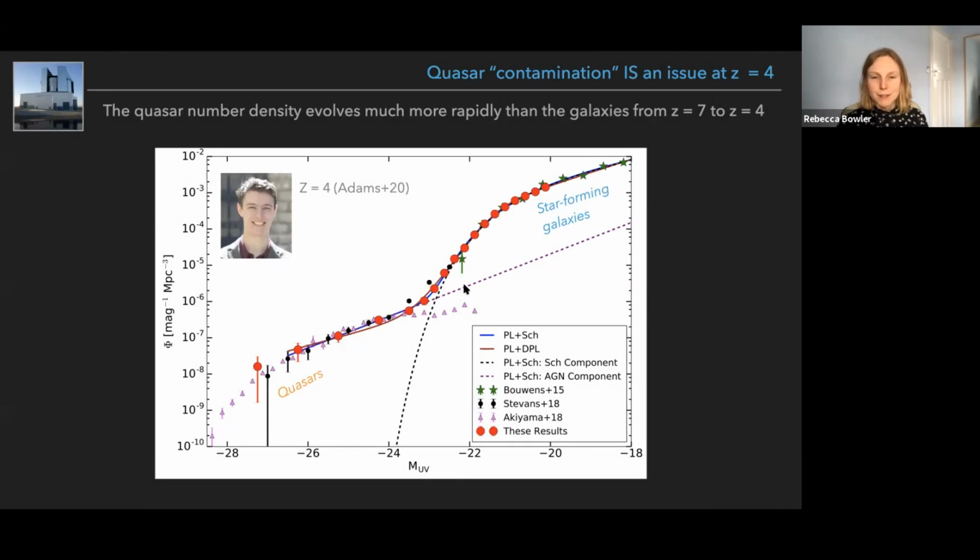So to know their contribution, you have to extrapolate considerably beyond what is known, demonstrated by this dotted line here. And the predictions, I can't think of the word, but they're very different between different studies. Some people have a very flat slope, which means there are very few faint quasars, and other people have a very steep slope, which is completely different.